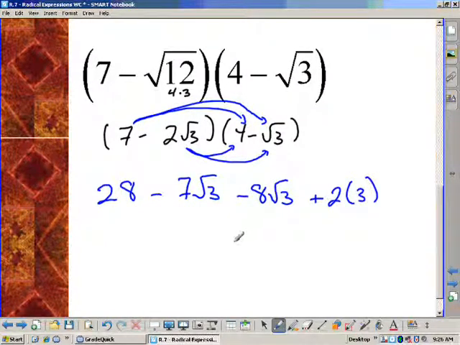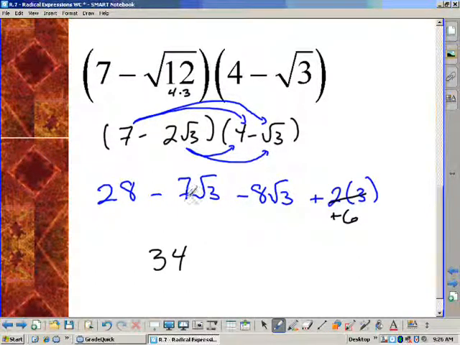So square root of 3 times square root of 3 is 3. So that means that this whole number is now going to become 6. And then my simplified version is 28 plus 6, which is going to be 34. And then this, negative 7 minus 8, since these have like radicals, are going to become minus 15 radical 3.